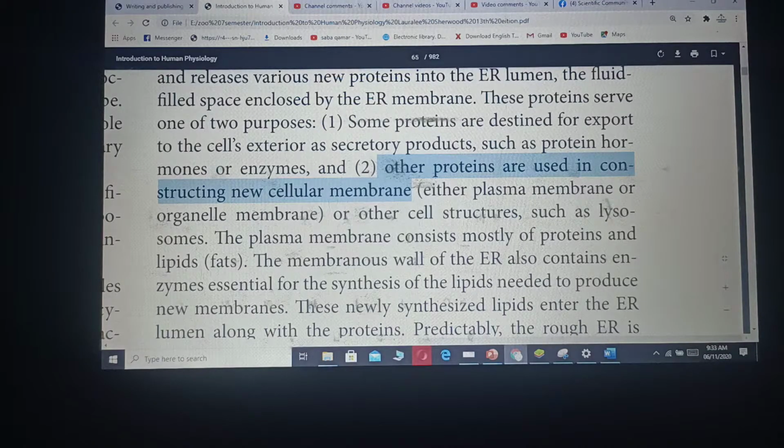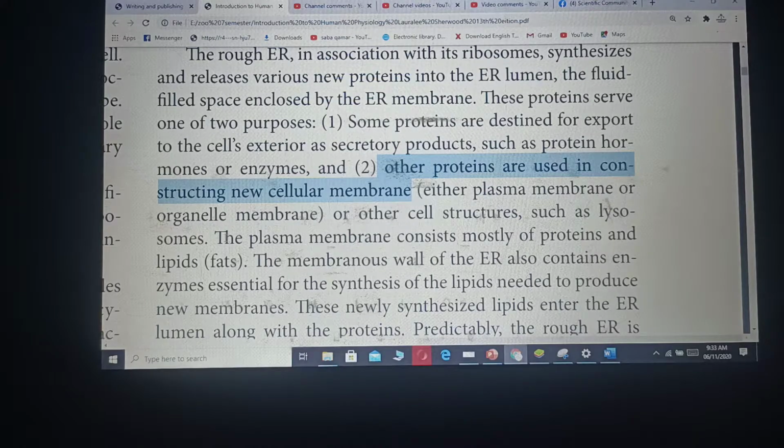The plasma membrane consists mostly of proteins and lipids. We have already studied that the plasma membrane of the cell consists of proteins and lipids. What are the lipids present inside the plasma membrane? These are phospholipids. And what are the proteins present inside the plasma membrane? There are two kinds of proteins present inside the plasma membrane.